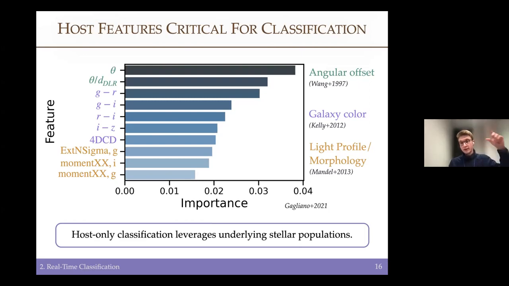Those are features which correspond to the angular offset of the supernova in its host galaxy, features related to the color of the galaxy, which can tell you something about whether it's an early type or late type galaxy, and some basic information about the light profile and morphology of the galaxy, which may also serve as a proxy for early or late type. All of these have precedent in the literature, so it is encouraging that this host-only classification actually learns meaningful correlations between the host galaxy and the transient itself.